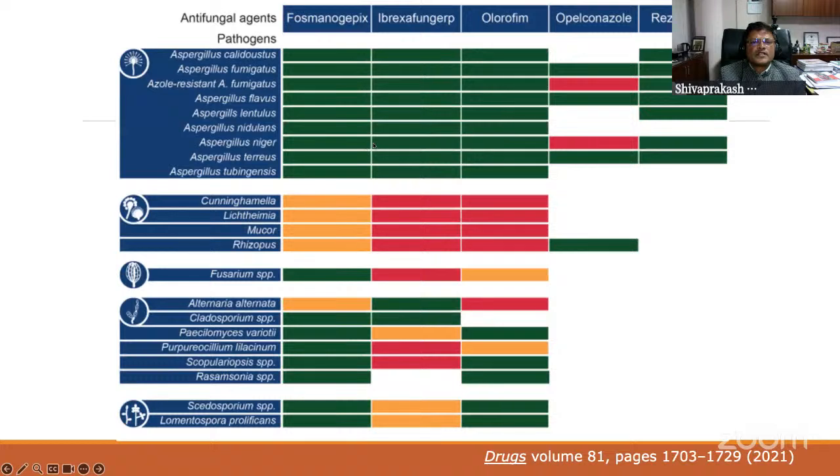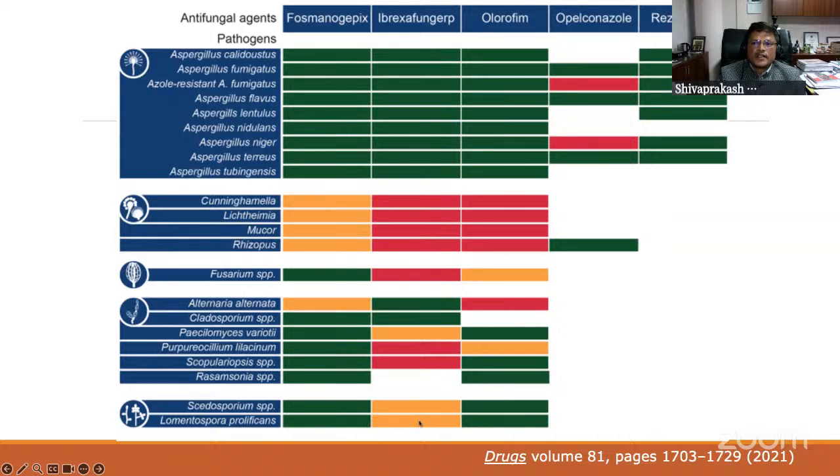So this is just a table showing you. In this particular table, if you can see all these drugs, most of these are effective against Aspergillus, including resistant Aspergillus, and then difficult-to-treat diseases like Scedosporium and Lomentospora. At least we do have olorofim and fosmanogepix.